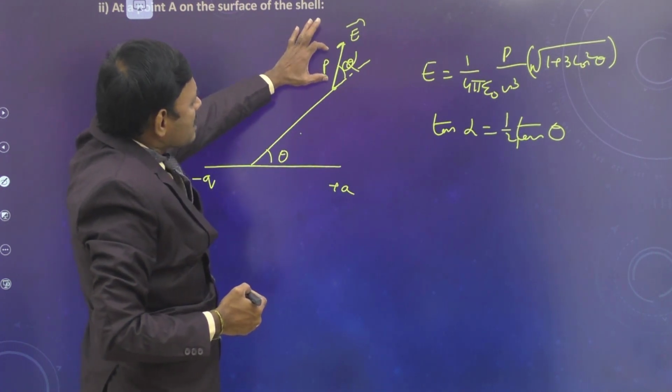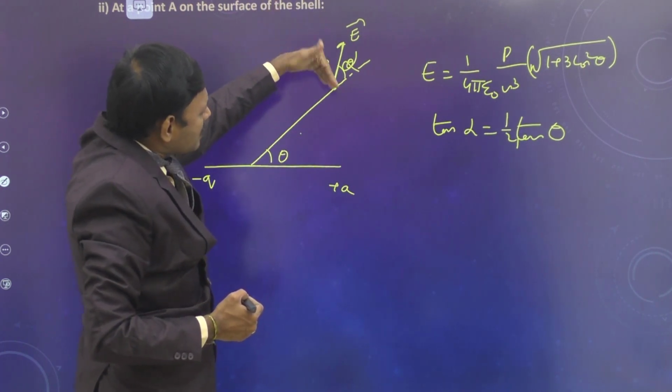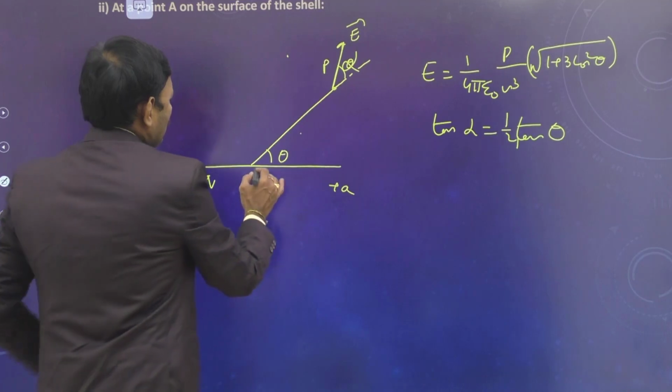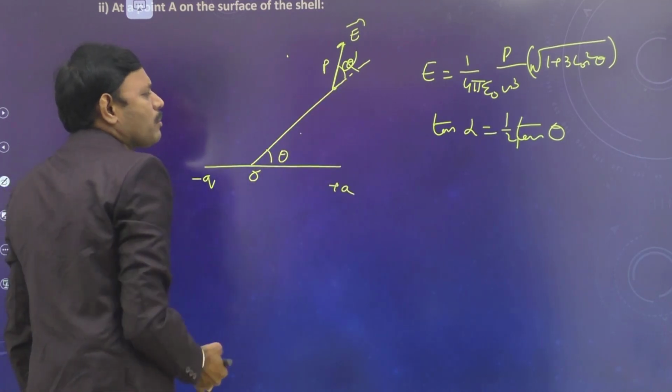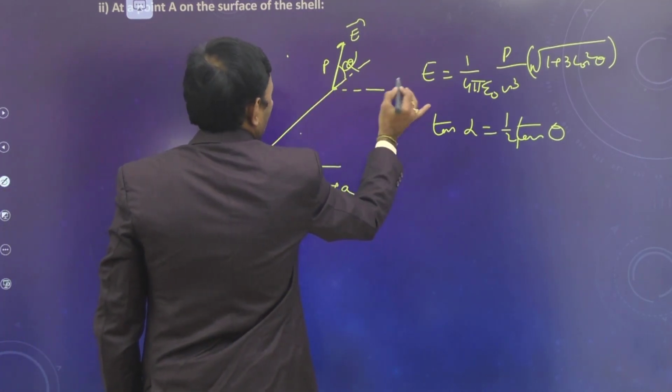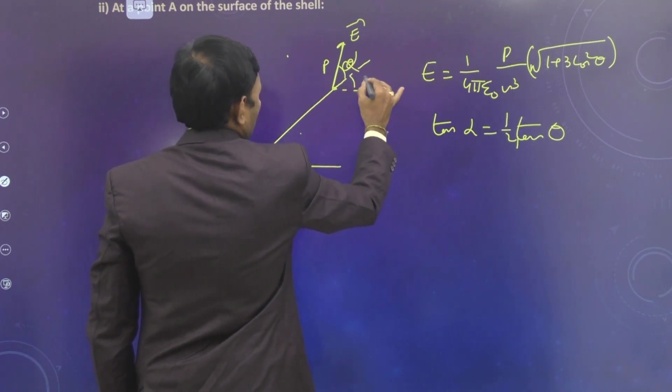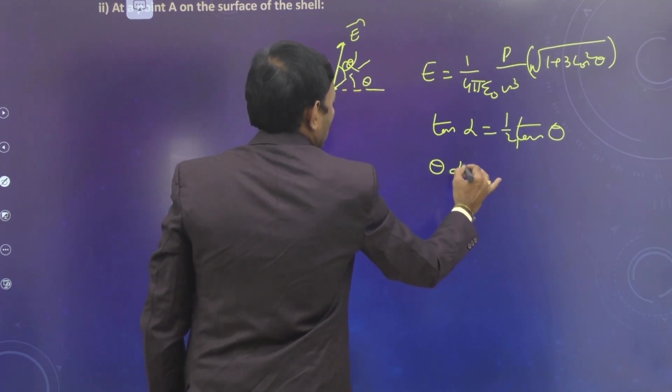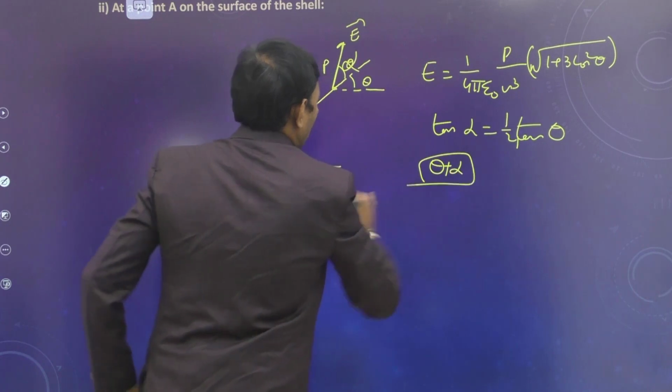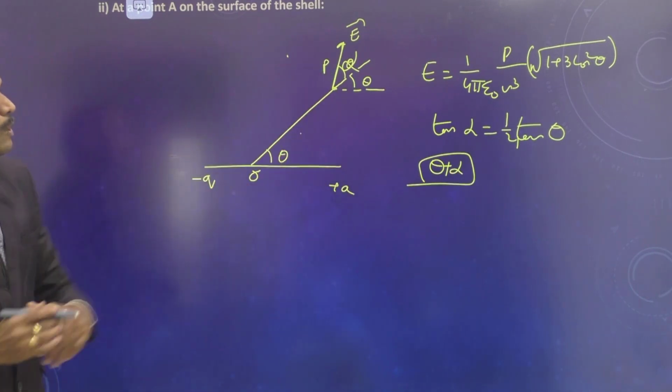The direction of the net electric field at this point makes alpha angle with the OP line, and alpha is given by tan alpha equal to half tan theta. Of course, the angle with the dipole axis is theta plus alpha. By knowing alpha, theta plus alpha is the angle made with the dipole axis.